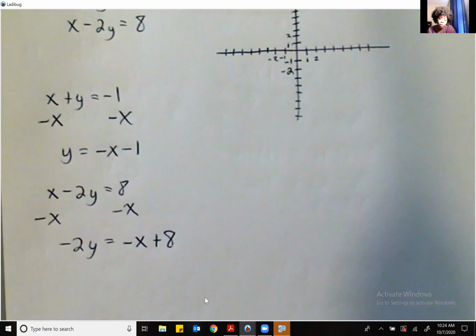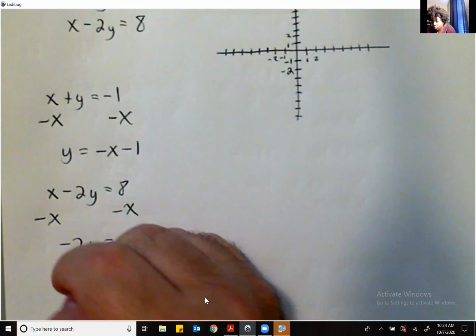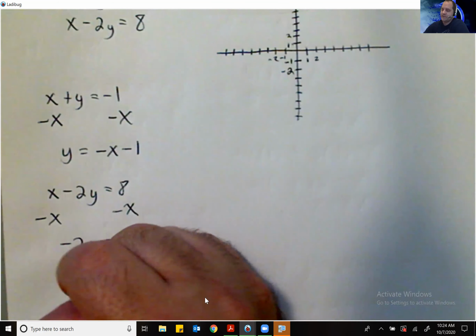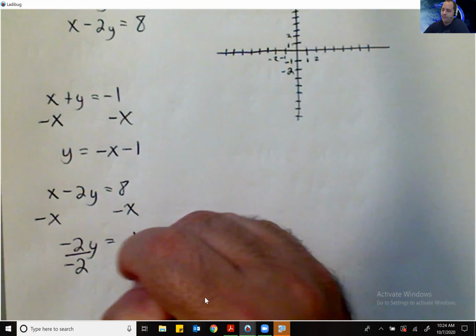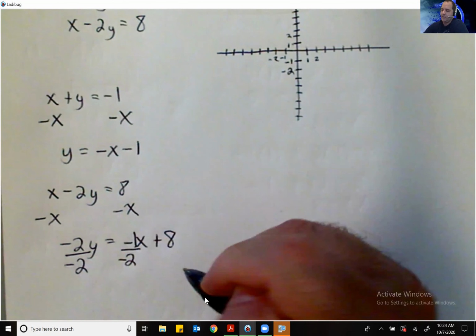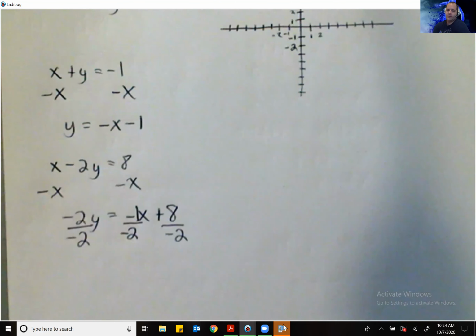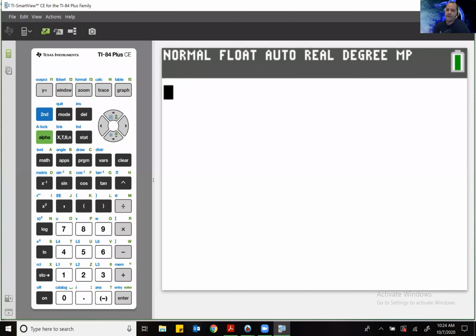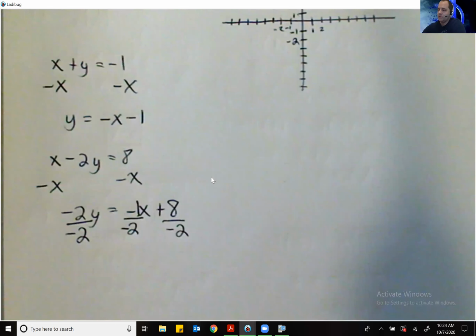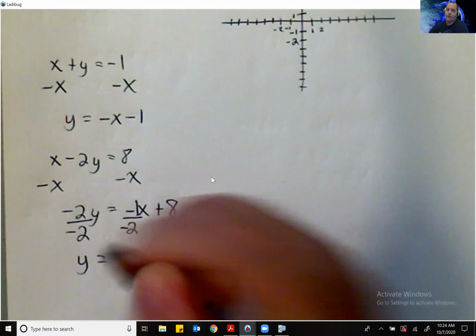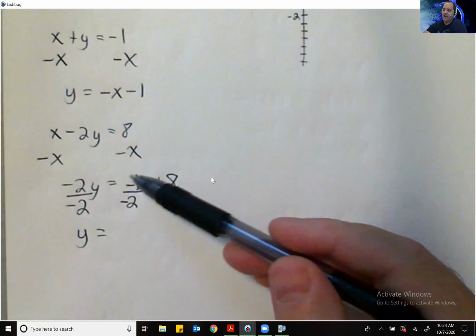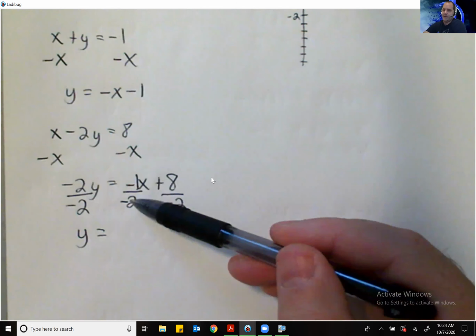You divide both sides by -2. When I teach this, I say actually take your numbers and divide by the -2. So we got a little bit of a cleanup. There's my calculator, it's all ready to go now. So now we have y equal to the fraction -1 over -2. What does that become?